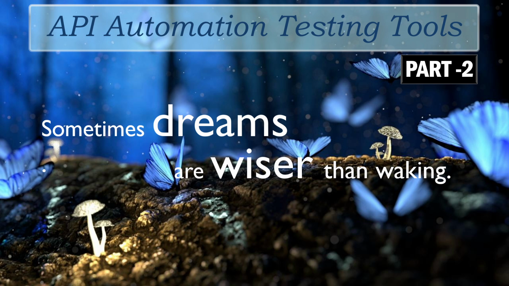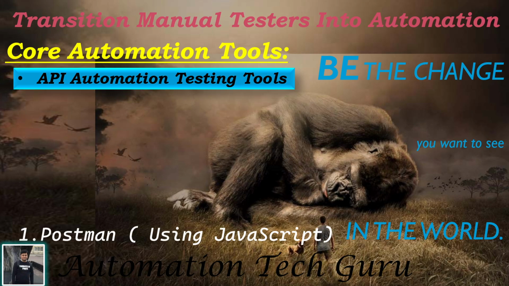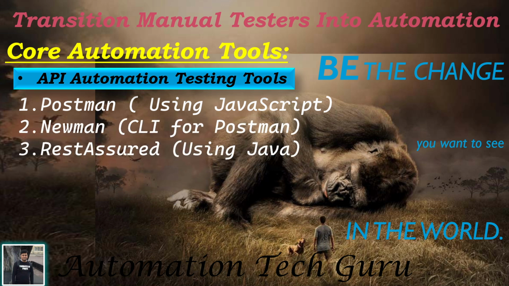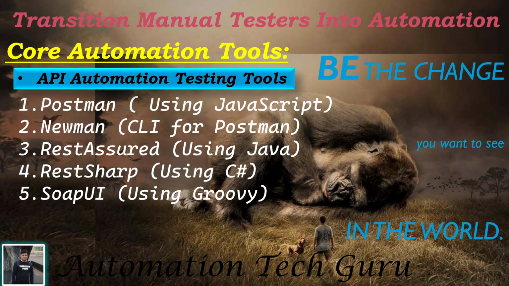In this video part 2 API automation testing tools, we will see Postman using JavaScript, and Newman CLI for Postman, RestAssured using Java, RestSharp using C#, SoapUI using Groovy, and Karate using Java.